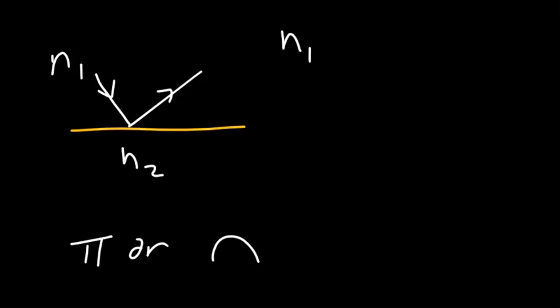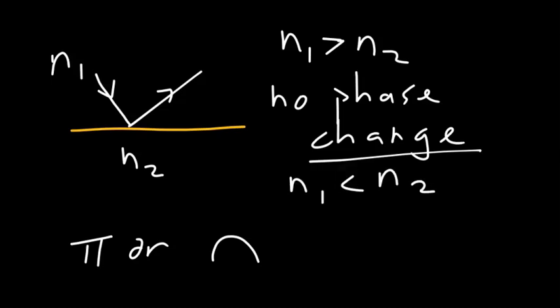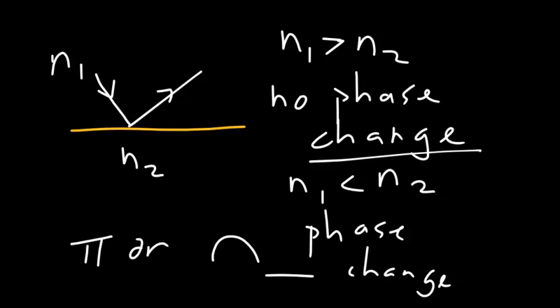If N1 is greater than N2, then there is no phase change. However, if N1 is less than N2, then there is a phase change by that amount, namely 180 degrees or pi radian, or half the wavelength.